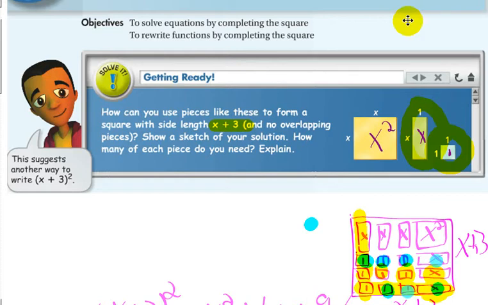And continue the process: 1 times x is x, 1 times x is x, and x times x is x squared. So it's like a multiplication chart in a way. We have one side being x plus 3, the other side being x plus 3, and when we multiply it together, let's look at what we get.